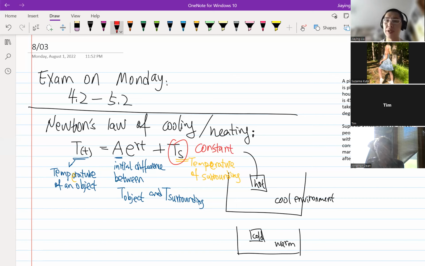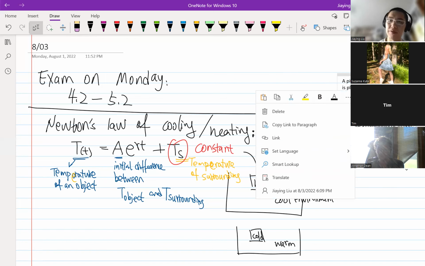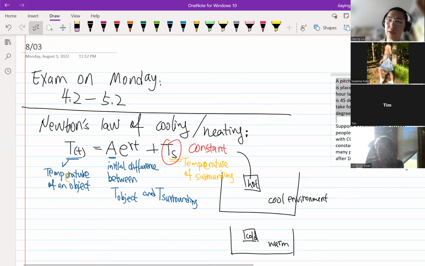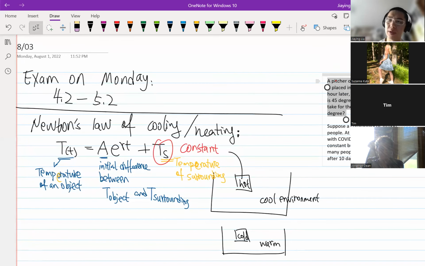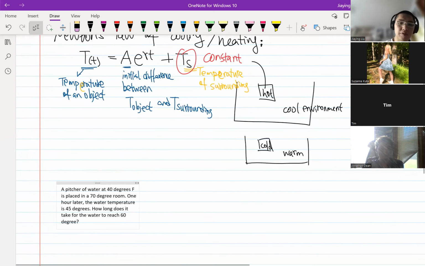So let me just copy this problem. Here's a problem I took from the book. I'm going to figure out how to copy it. But difficult. Oh, come on. There we go. So here's the example. It says a picture of, I know it's a bit small.